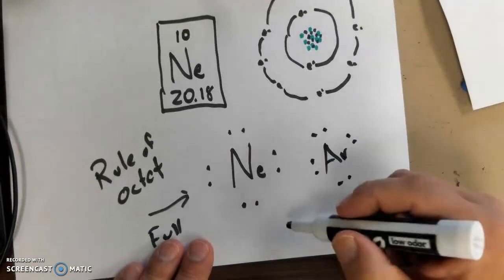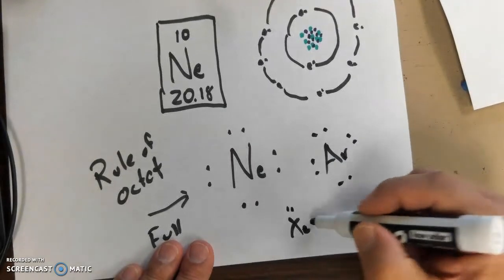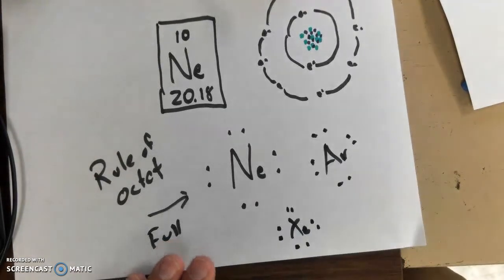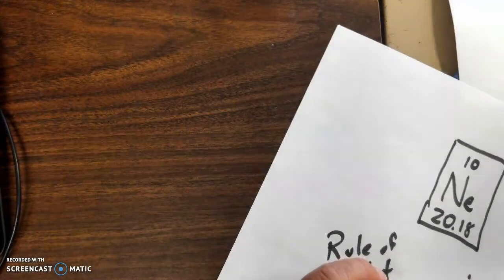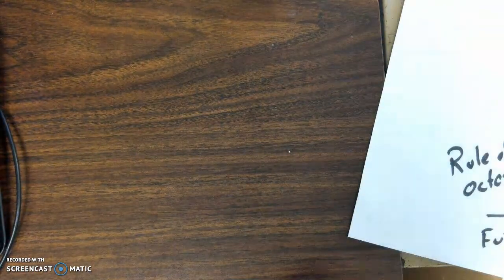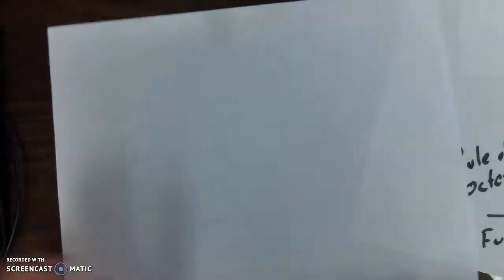Same with xenon. These guys are all full. They're the noble gases, and they don't bond with anything. So that's why you can see why neon is something that's found alone in nature by itself. You don't find neon bonded to anything.